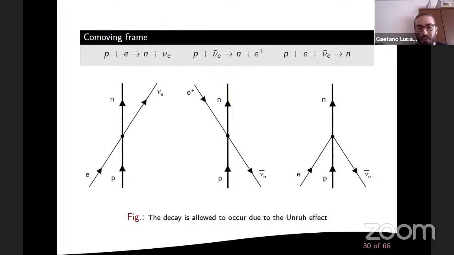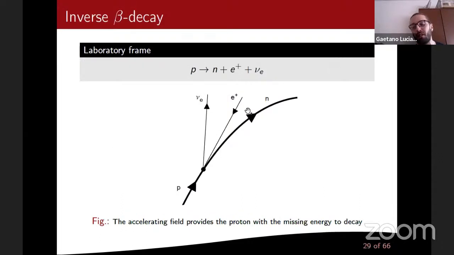The process, thanks to the Unruh effect, occurs also in the co-moving frame, because in some sense the proton has memory of its acceleration, because it interacts with a thermal bath of electrons and neutrinos due to the Unruh effect. So at tree level, we have these three processes, which are the counterpart of this process here, but in the co-moving frame.